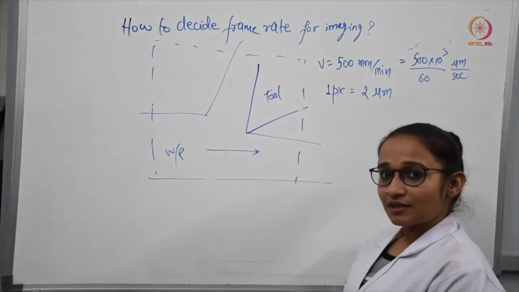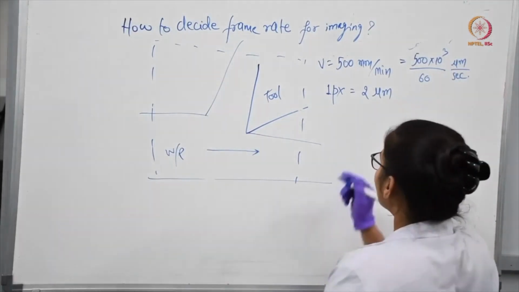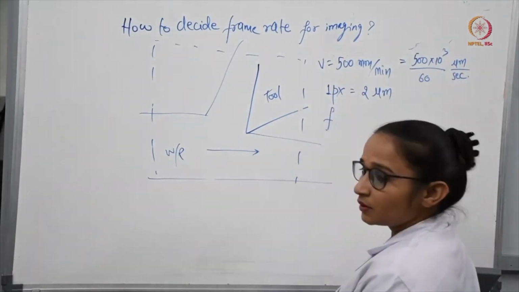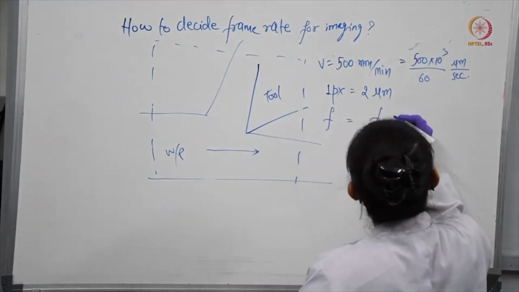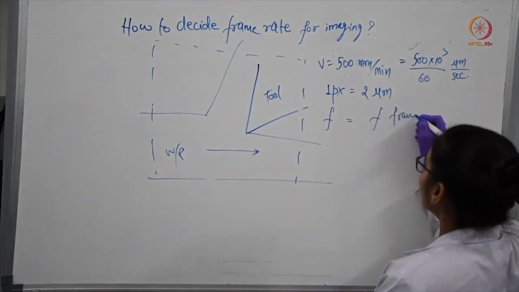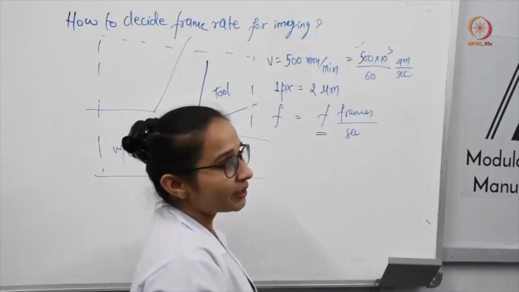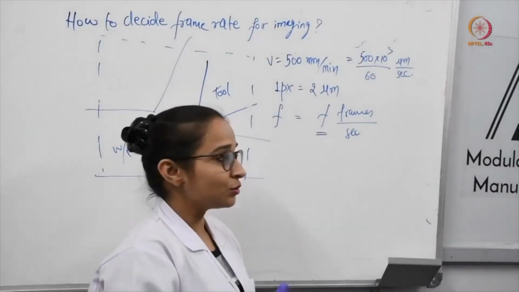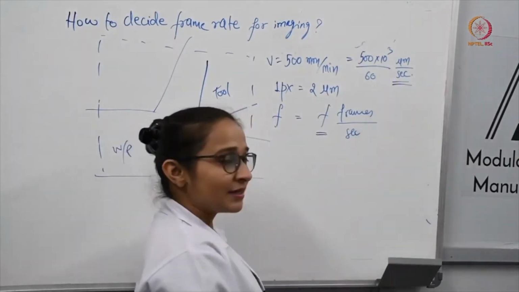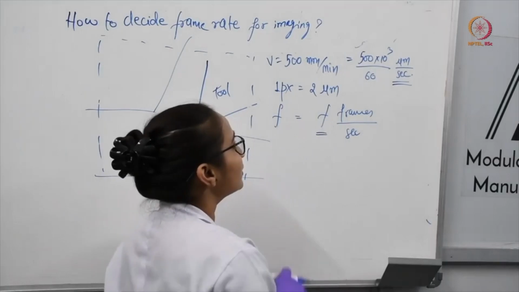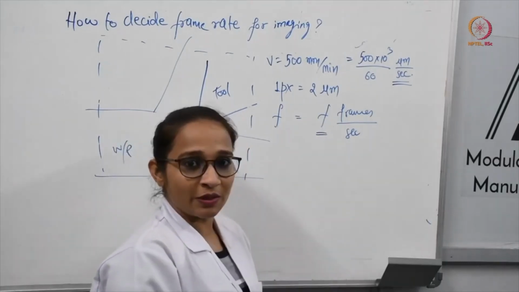Now we have to decide the frame rate for imaging. That will be f, in frames per second. Right now we have the velocity in terms of microns per second and we have the scale as microns per pixel.